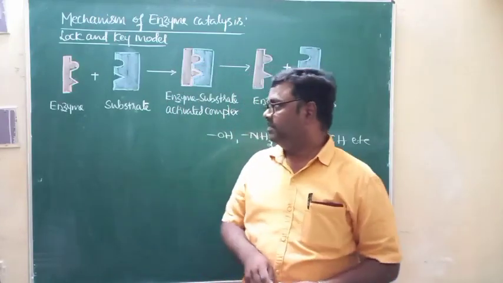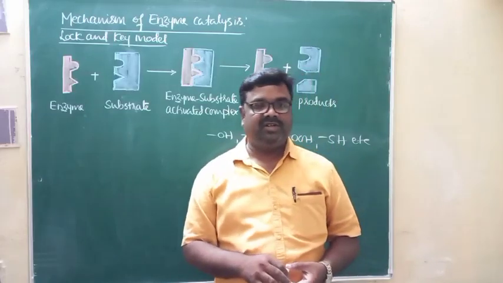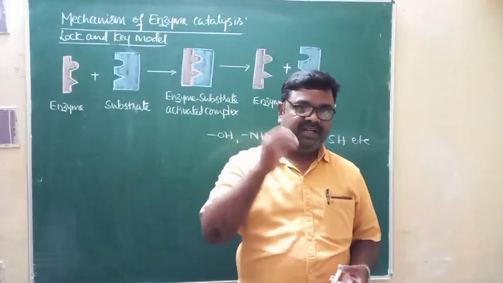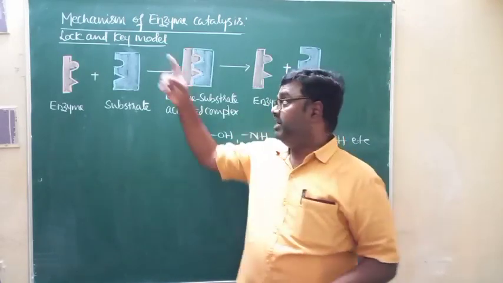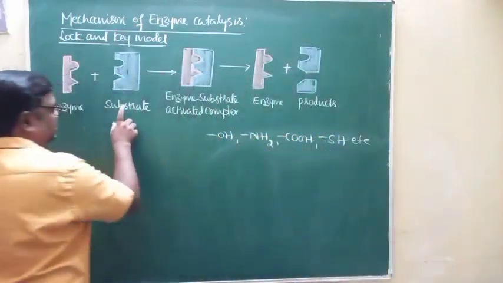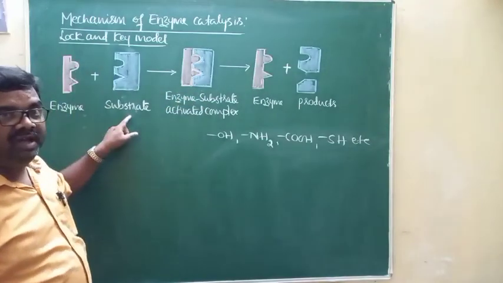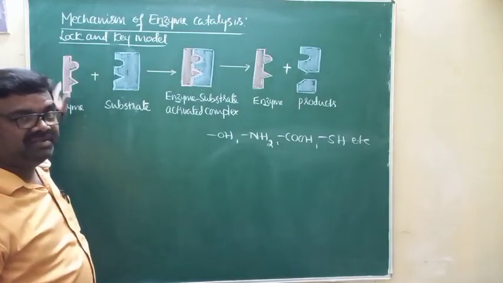And of course, as far as enzyme catalysis is concerned, enzyme catalysis is highly specific. That specific nature of enzyme catalysis can be explained by making use of this lock and key model. Look at this. Here, the substrate can form an activated complex with the enzyme only when its shape is complementary to the shape of the cavities of the enzyme.